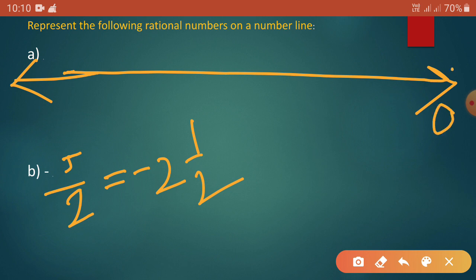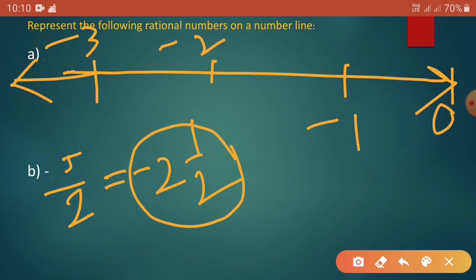Suppose this is 0, this is minus 1, this is minus 2, this is minus 3. So we have to find this. Here it is minus 2 and then 1 by 2. It starts with minus 2, so we have to go from minus 2.